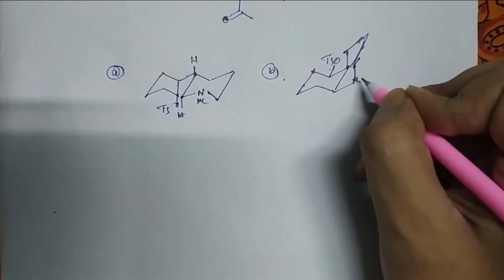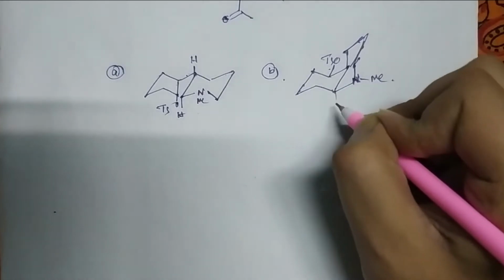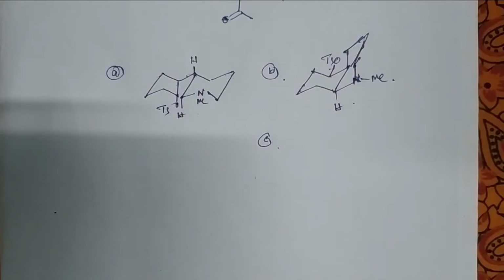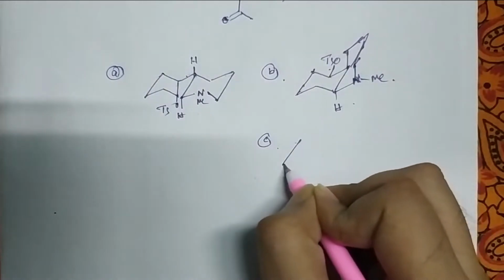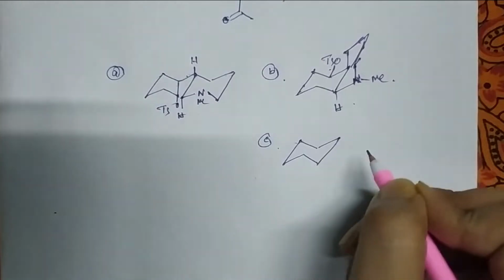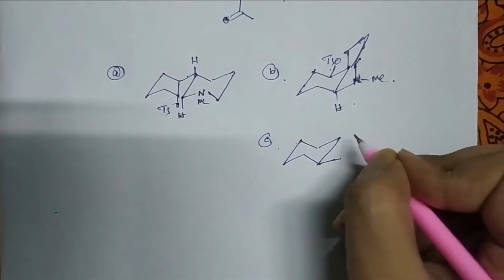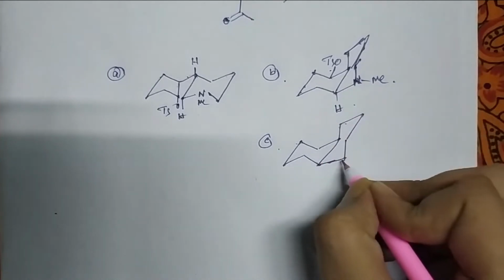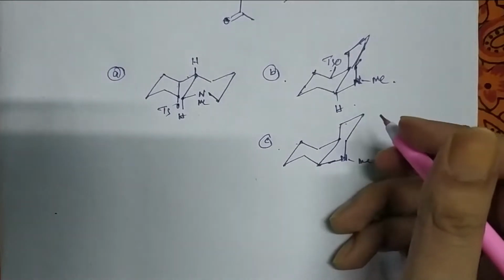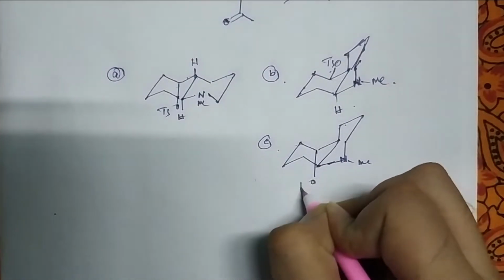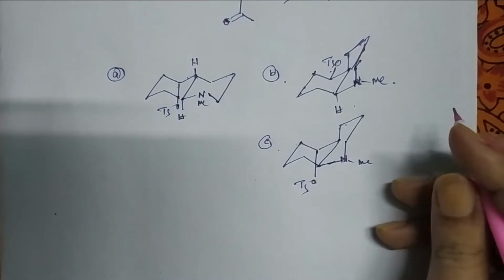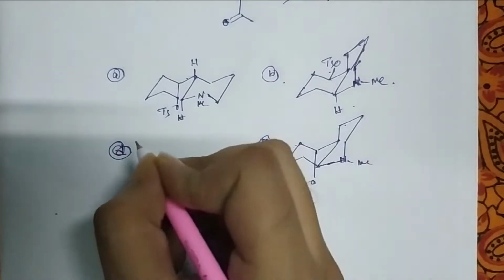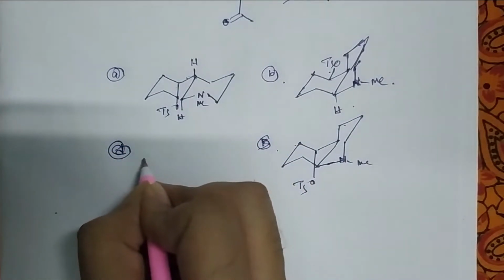OTs is also up. For C, there is also a cis junction. The OTs is down. So sorry, this is D, so this is C, this is the trans.